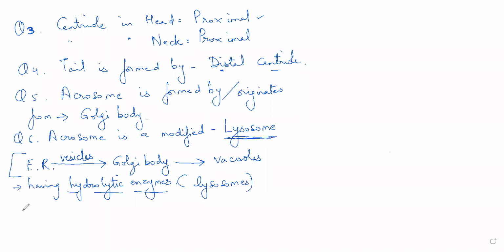It also produces vacuoles having secretions, the substances which would be secreted to the outside. Right. Now this lysosome in this case becomes the acrosome. It becomes the acrosome.